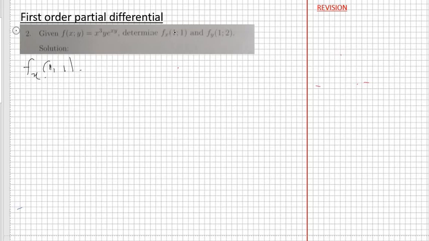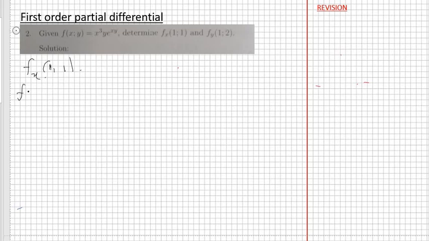So it simply means that you first need to derive this function with respect to x, and then you replace the x value and the y value, and then you compute. So the first step is to derive the function.